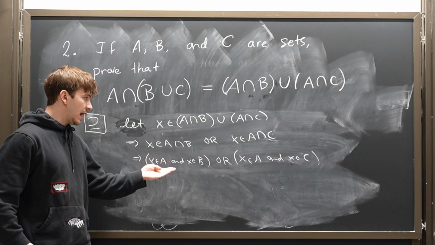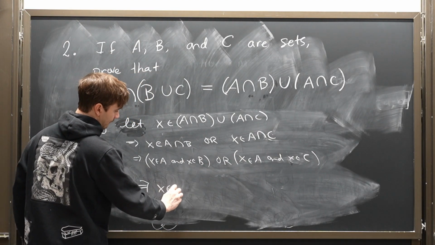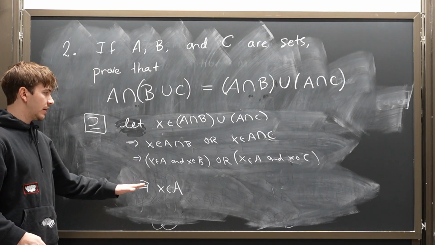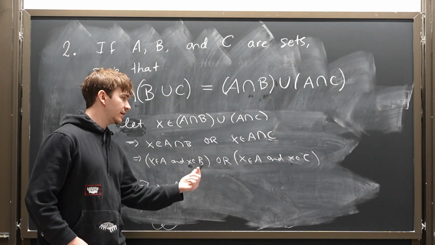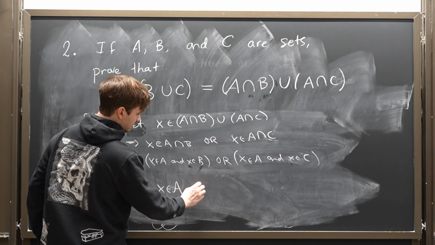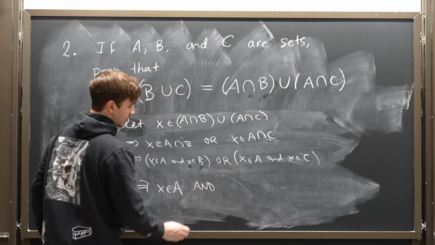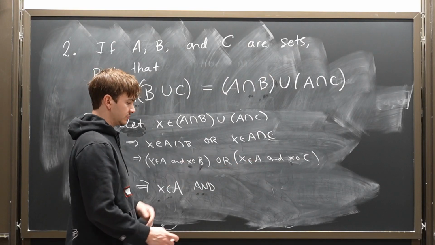So now, in either of these cases, x is in A no matter what, and then in case 1 I have x is in B, in case 2 I have x is in C. So this means that I know x is in A, and I know that x is in B or C.